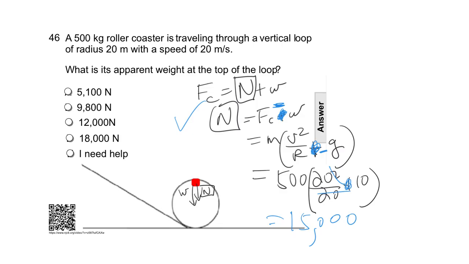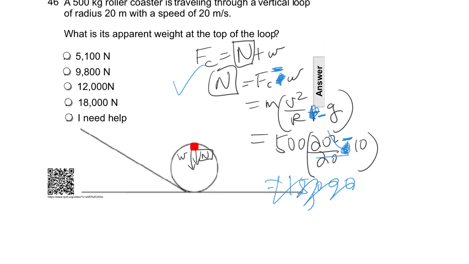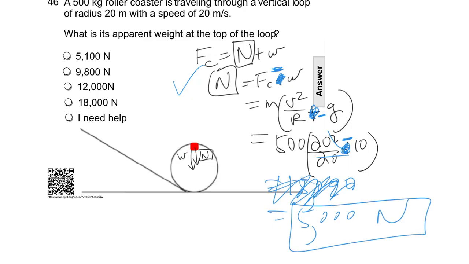And so there would be a negative sign right here. So 20 minus 10, so it only comes out to 5,000 newtons. Sorry. So they used 9.8, so they got a little more.